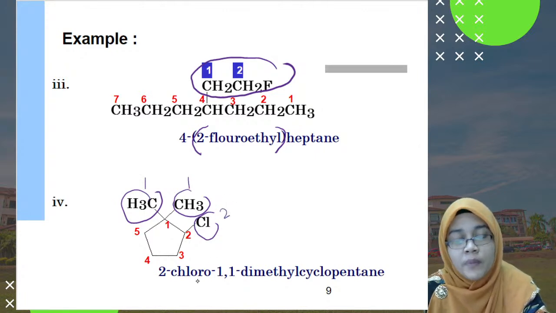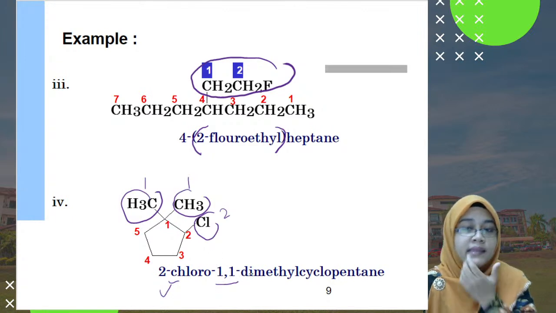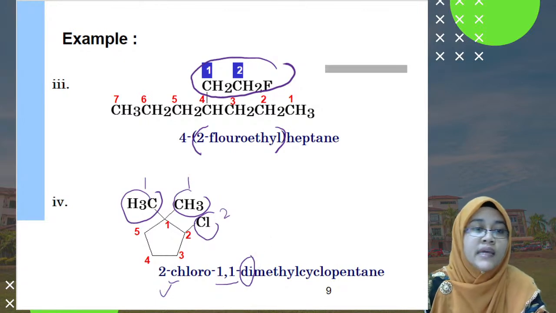In alphabetical order, we call chloro first. So 2-chloro, because C comes first. Then 1,1 because we have 2 methyls at the same carbon. So 1,1, with a comma between the numbers and a dash, dimethyl to show the number of methyls here is 2: dimethyl cyclopentane.